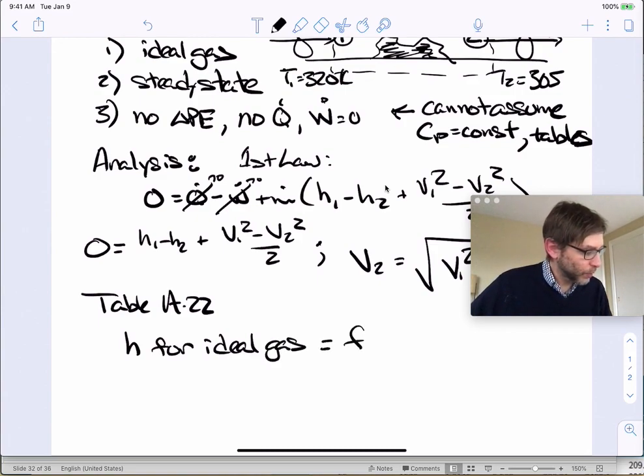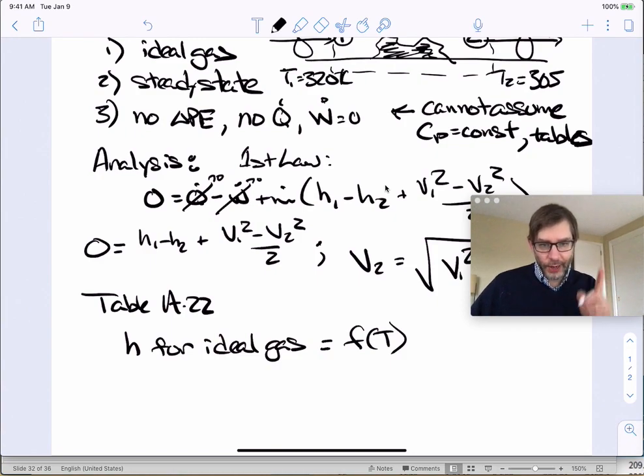Remember that h for an ideal gas, and u for an ideal gas, is only a function of temperature.